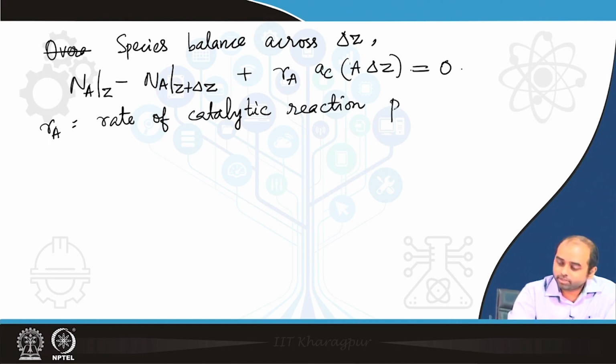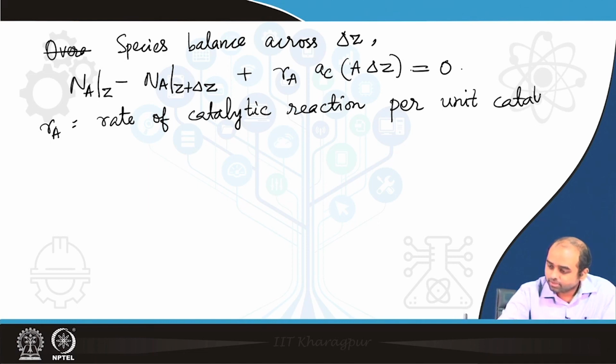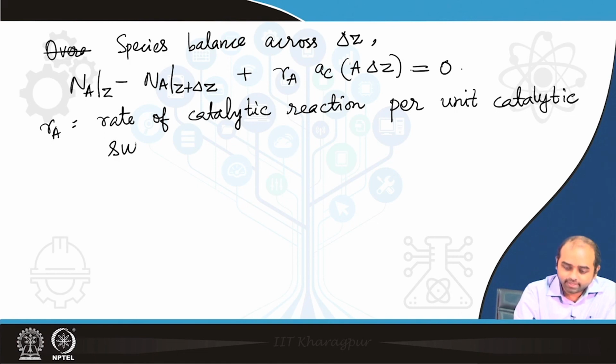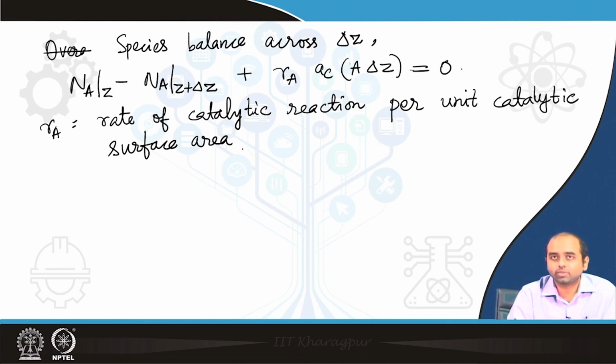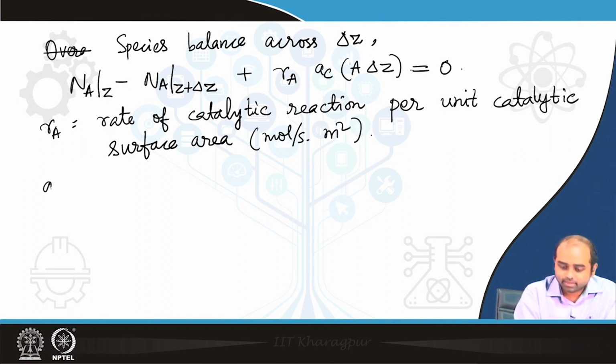This is very important, per unit catalytic surface area, right. So, whatever rate you are considering, that should be divided by the unit catalytic surface area. So, moles per second per meter square, right.